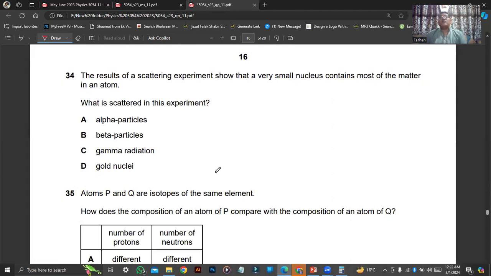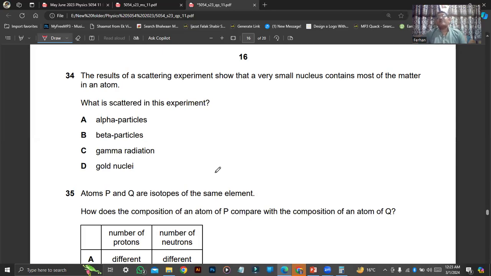Question number 34 is coming up on your screen. The results of a scattering experiment show that a very small nucleus contains most of the matter in an atom. What is scattered in the experiment? They're talking about the Geiger and Marsden scattering experiment, in which a thin gold foil is bombarded with alpha particles.